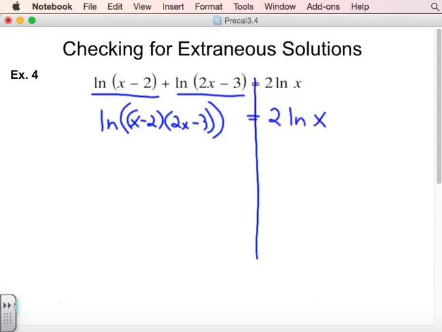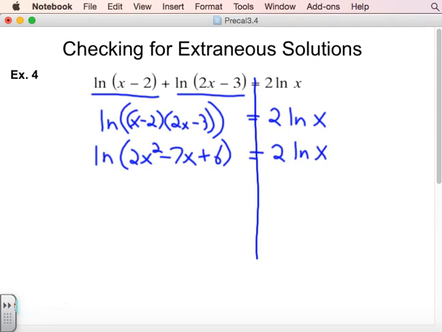Now let's multiply those out and FOIL them. It's 2x squared minus 4x minus 3x is minus 7x, and then minus 2 times minus 3 is positive 6. So that simplifies into the natural log of 2x squared minus 7x plus 6. Over here we have 2 times the natural log of x.